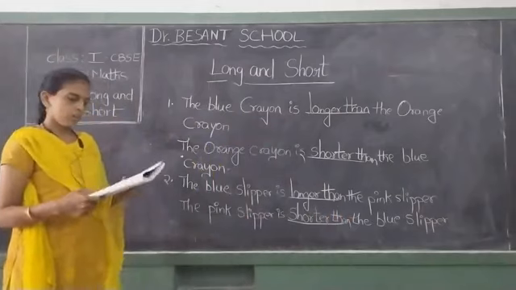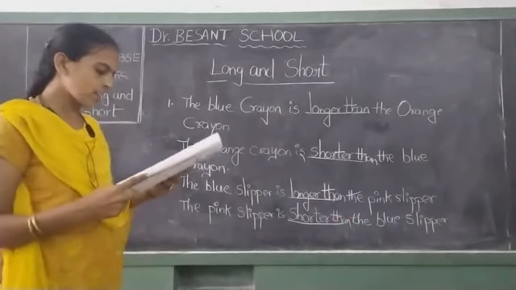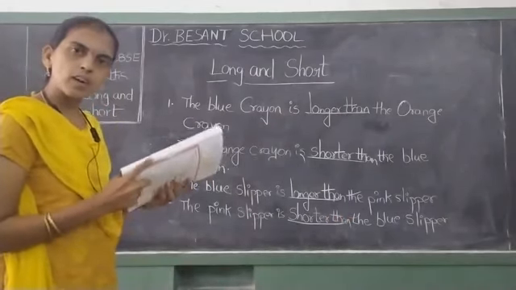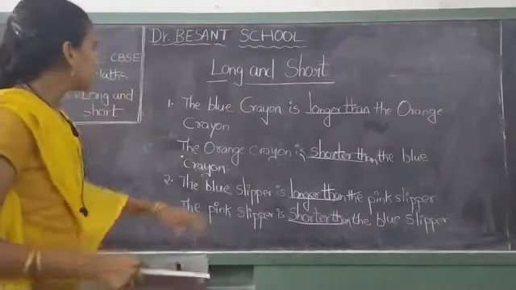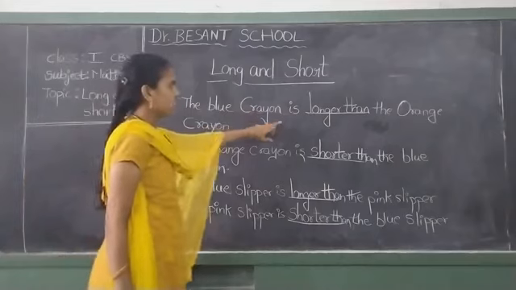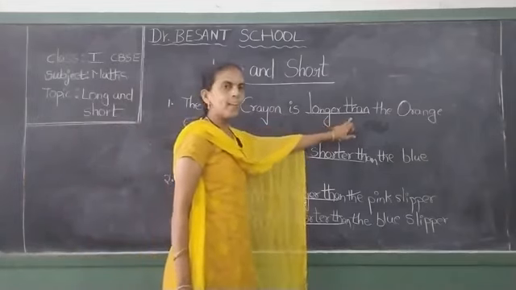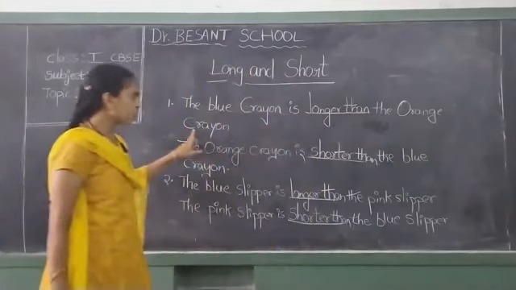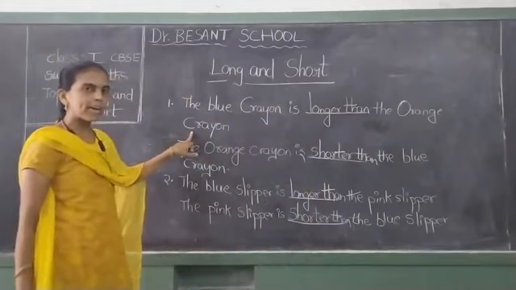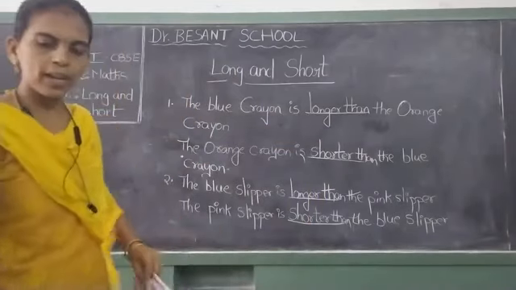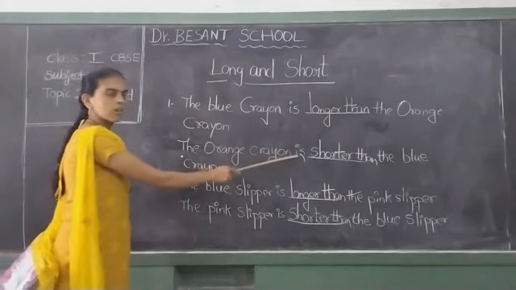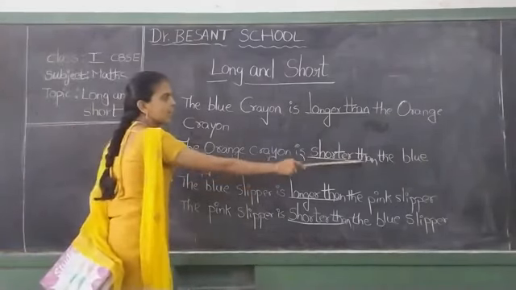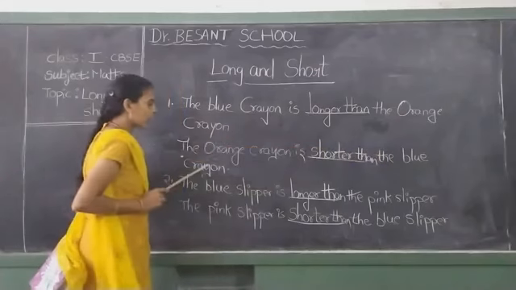So once again I am reading out the blanks. You please copy in your studio book neatly in the blanks given. The blue crayon is longer than the orange crayon. And the orange crayon is shorter than the blue crayon.